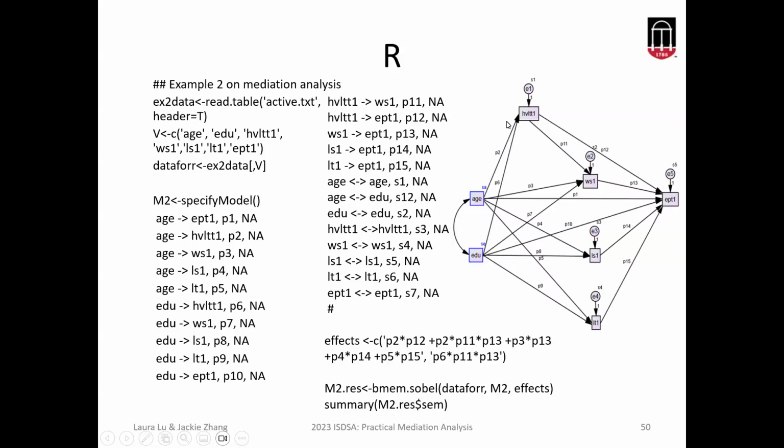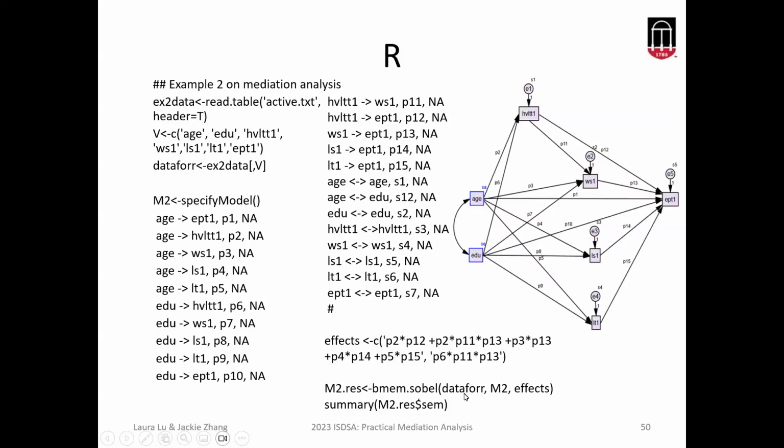And then P11 here, and P13. So it describes the specific indirect effect from EDU to HVLTT to WS to EPT. And then after you use the Sobel test, the total indirect effect and the specific indirect effect will be reported for you.